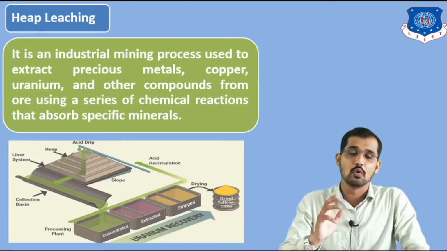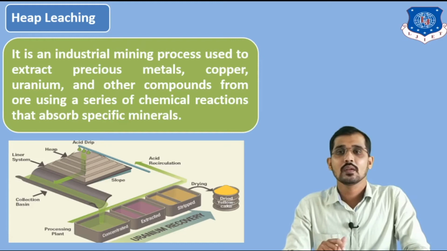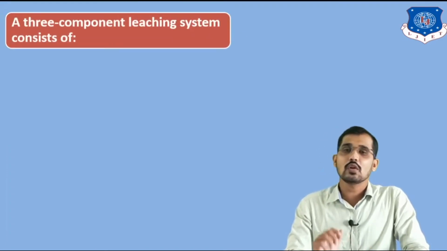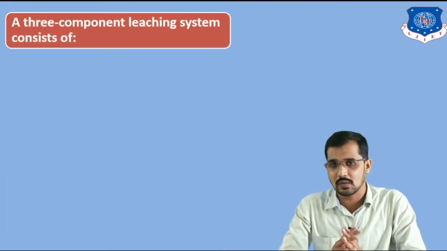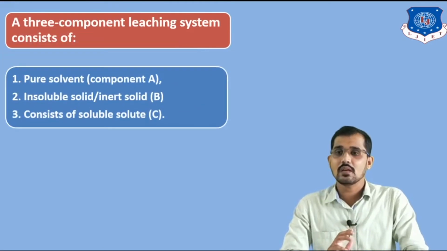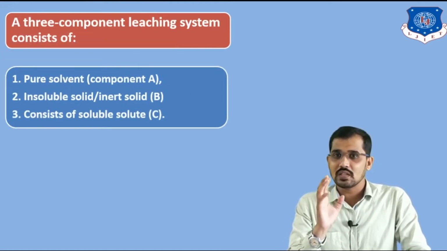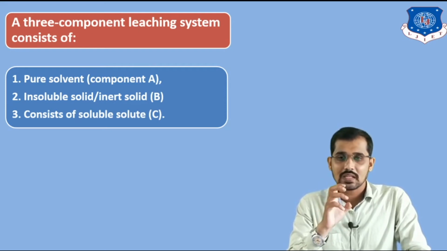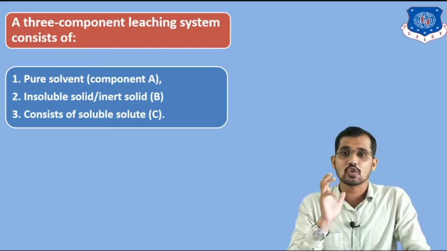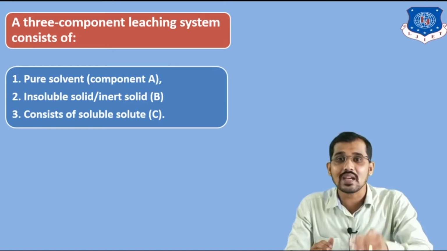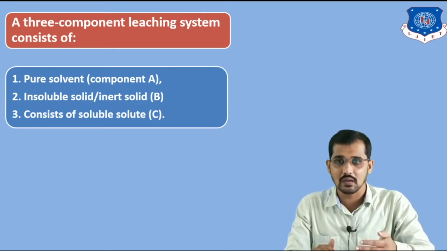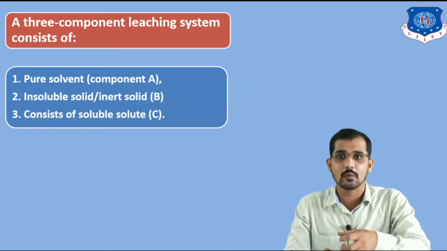Now we will see some nomenclature involved in the leaching process. So I am considering here 3 component system. Okay, so you can see here nomenclature. According to nomenclature, first component is nothing but pure solvent, or I can say that is the component A, means pure solvent, that is nothing but extracting solvent which you are using to extract some solid particle from the solids.